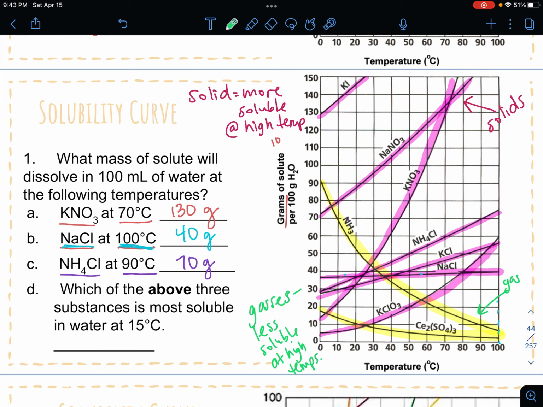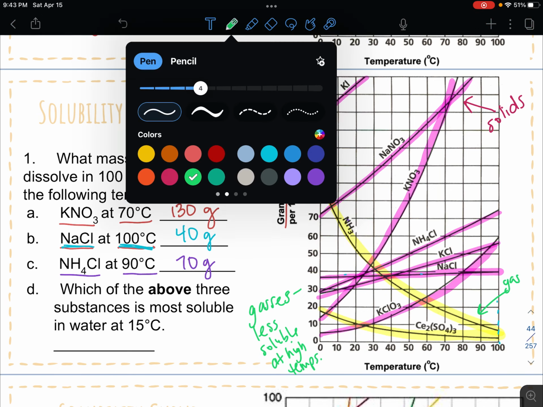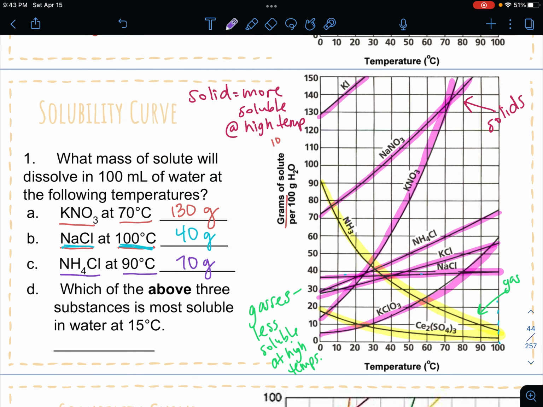If we look at this last question here, for D, it says, which of these above 3 are the most soluble in water? We just want to talk about these few, so I'm going to get rid of all these other lines. These are our 3 substances that we were talking about in our question: potassium nitrate, sodium chloride, and ammonium chloride.